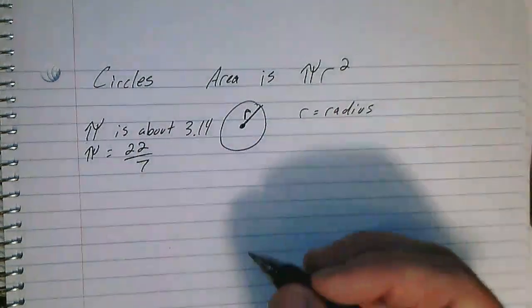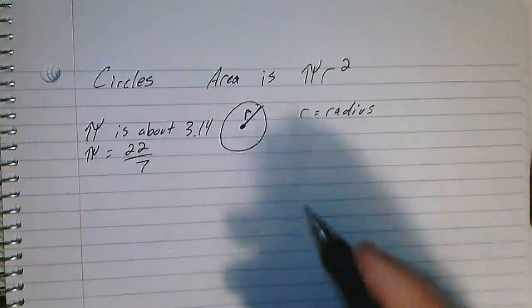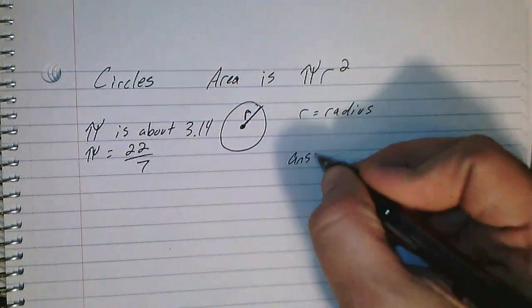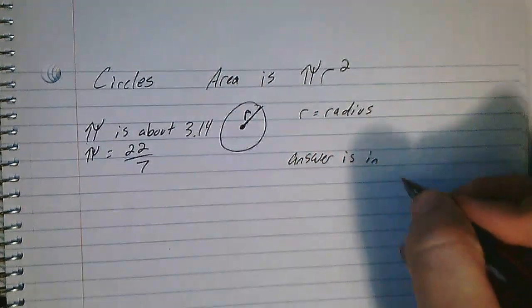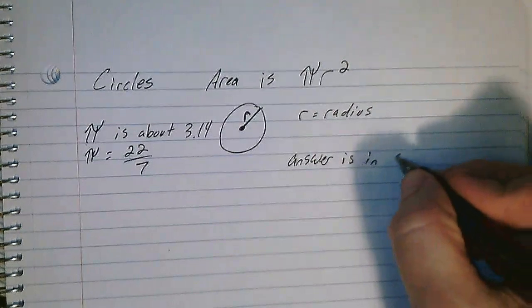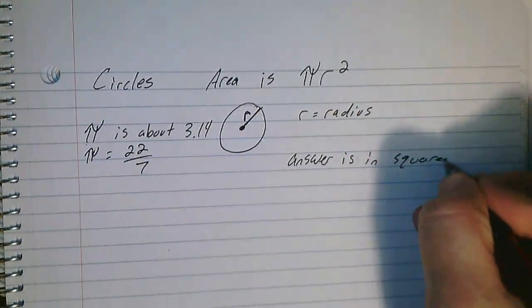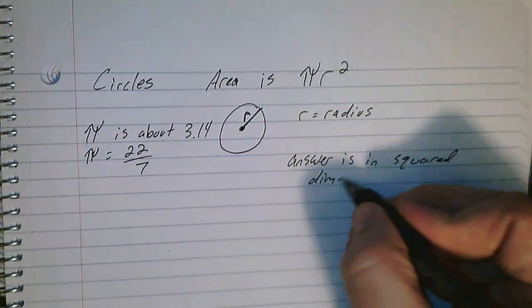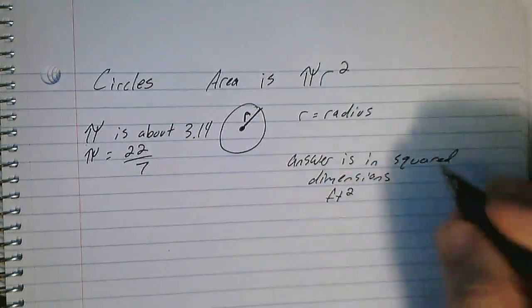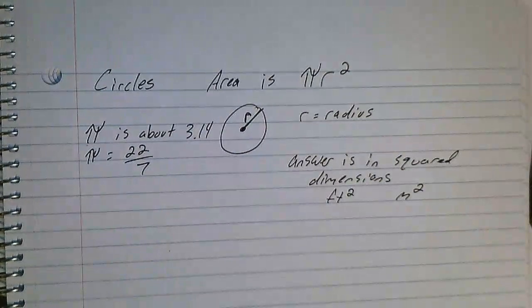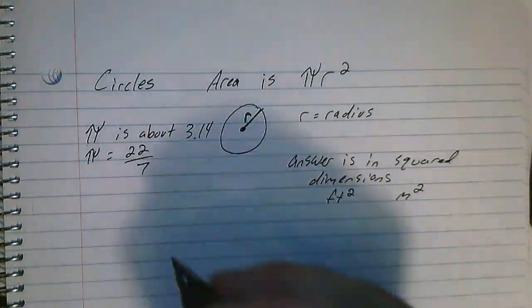This is where your answer is in squared dimensions, like feet squared, meters squared, whatever it asks for.